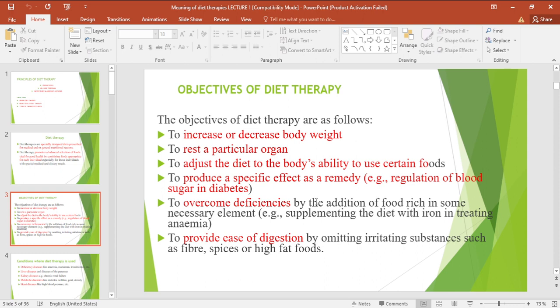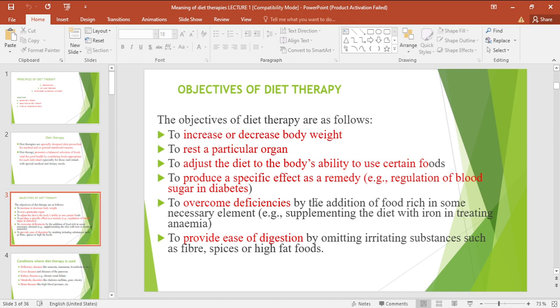And also, we can use diet therapy to rest a particular organ. If, for example, this patient is suffering from kidney failure, we are going to recommend that this patient takes in foods that are less in sodium and also less in proteins, because these nutrients make the kidney function too much, and it will create a burden in the excretion of the end products of these foods.